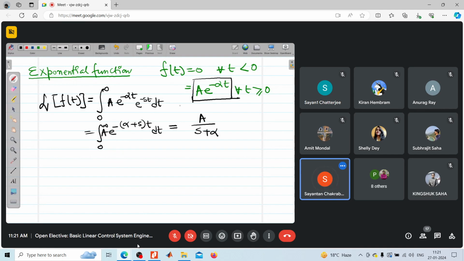Okay. Now using this technique, we can find the Laplace transform of a sinusoidal function. How?